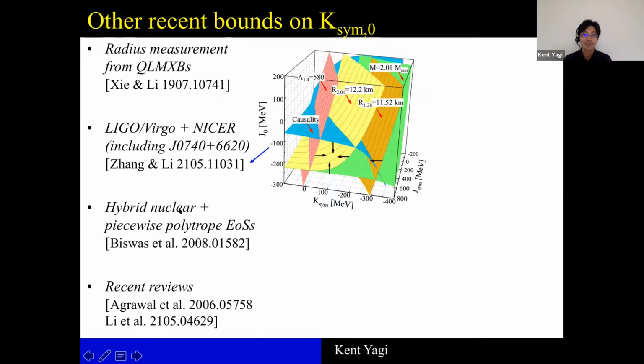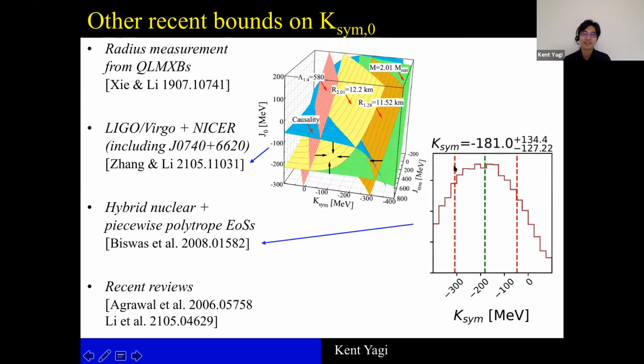The third one is also an interesting paper where they constructed a hybrid equation of state where in the low density regime, they use this nuclear parameterization that I explained in my talk. For the high density regime, they stitched this nuclear parameterization against a piecewise polytrope equation of state. Then they used the gravitational wave measurement and also X-ray measurement to get a bound on K_sym. And you can find some recent reviews here.